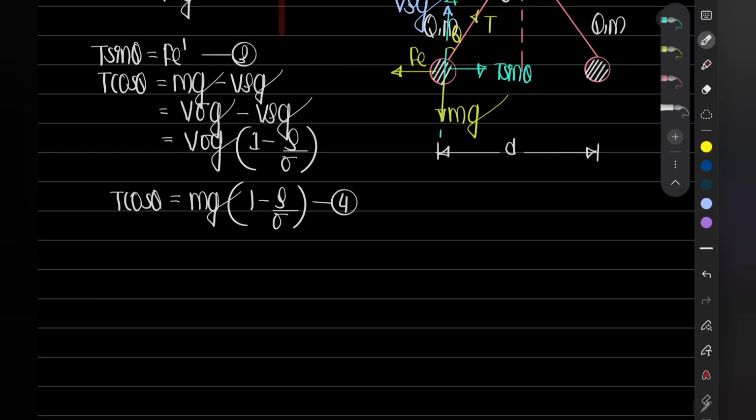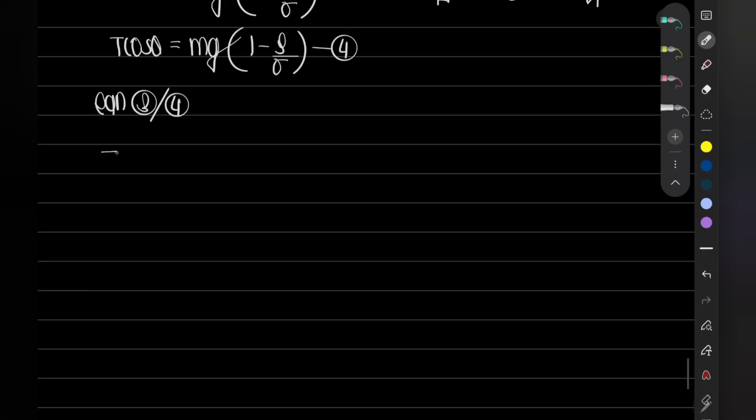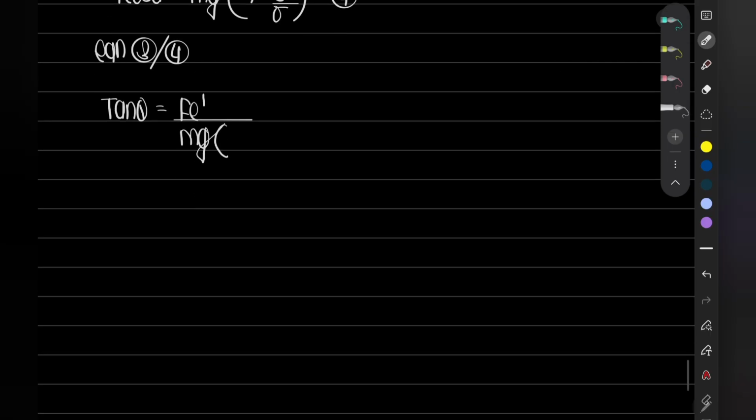Now I will take the ratio of 3 and 4. So equation 3 divided by equation number 4. Again T and T will get cancelled out. We will have tan theta, which will be the ratio of Fe dash upon mg into 1 minus rho by sigma.